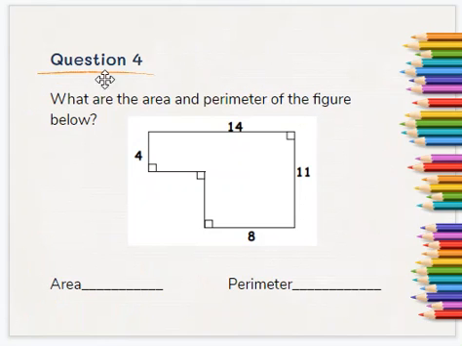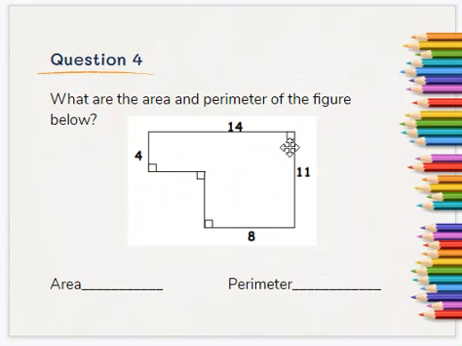Question 4. What are both the area and the perimeter of the figure below? So remember, for area, you need to find the amount of space which will cover this rectangular looking polygon.